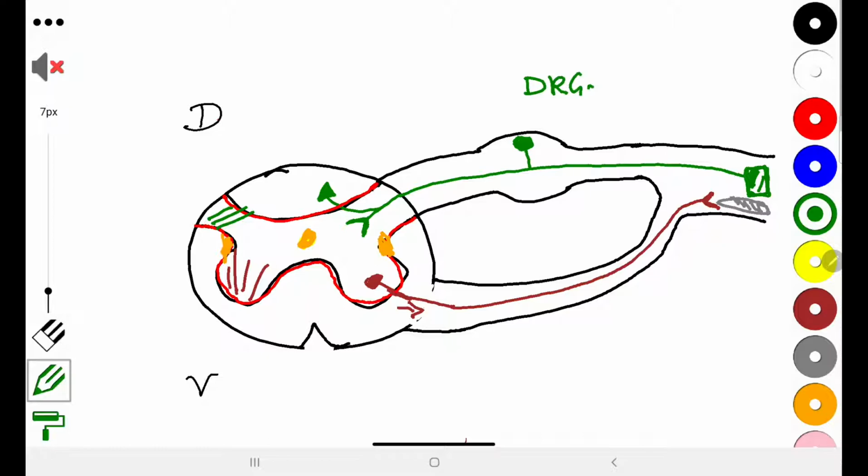So it will then have its central process innervate other fibers within the spinal cord. Some of them are in this dorsal area, and others are within the layers of the dorsal horns.